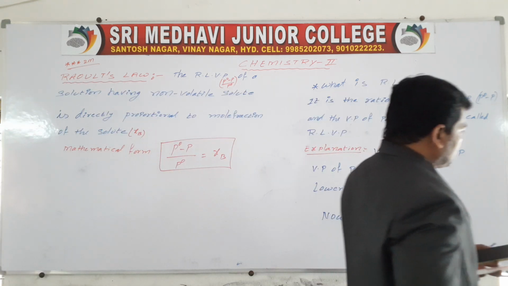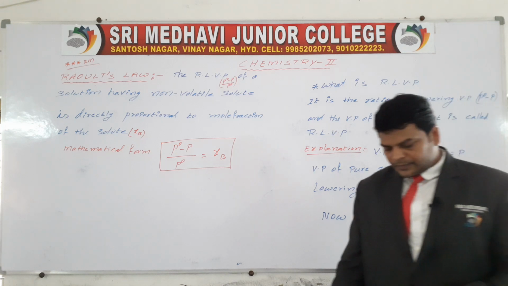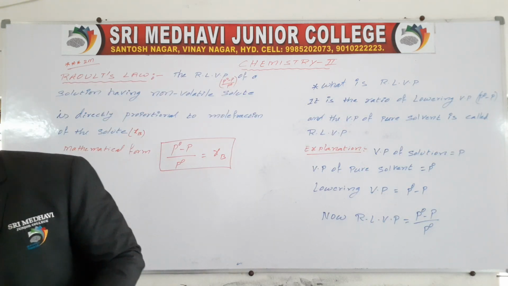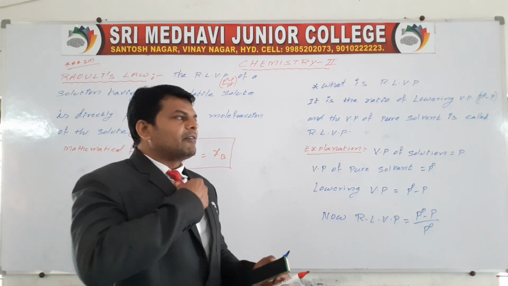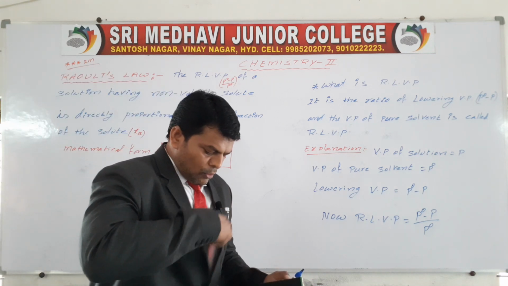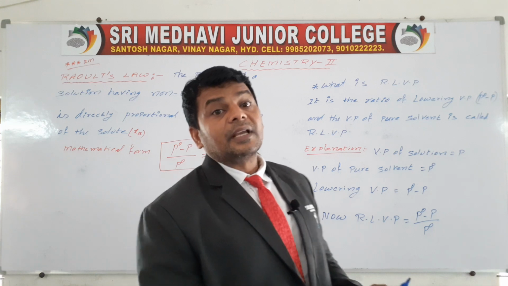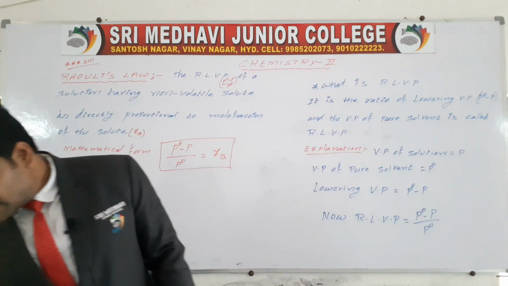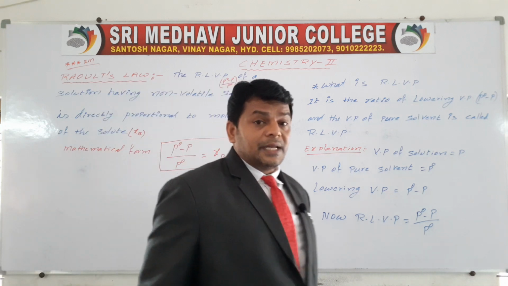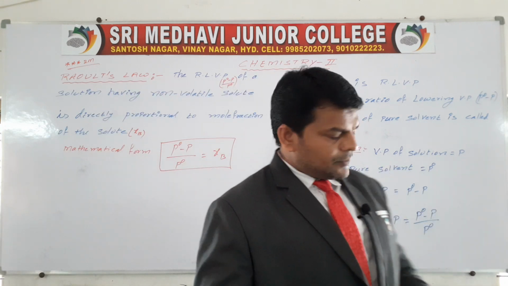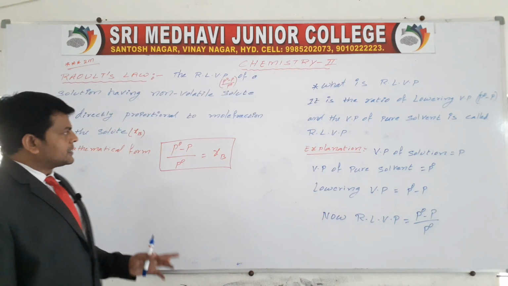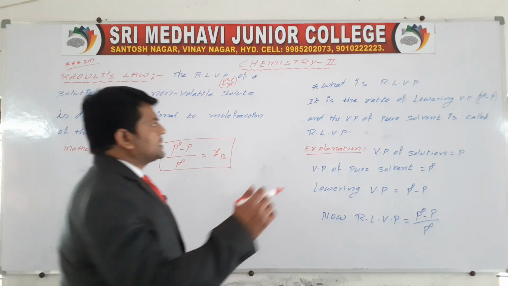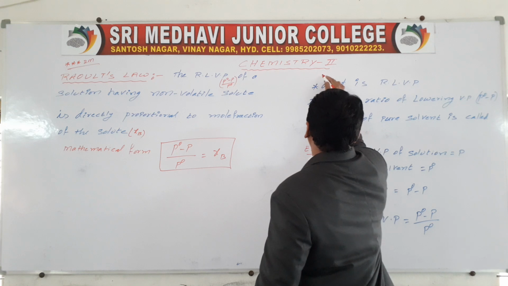Now we are going to discuss how the molar mass of the solute can be calculated from relative lowering of vapor pressure. That is one more topic. What is relative lowering of vapor pressure?